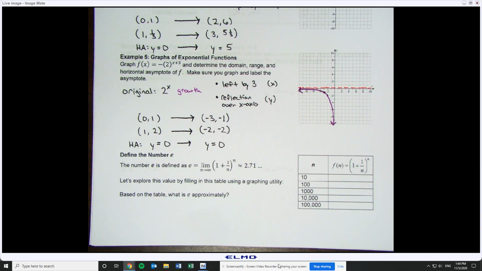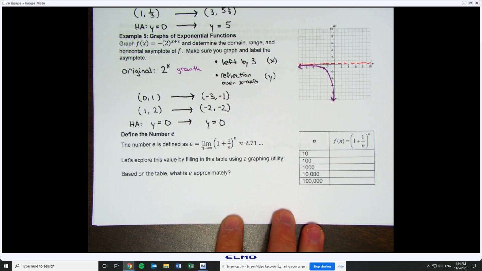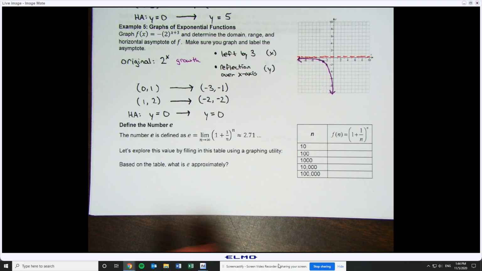Okay, now the last thing on this page we're going to do, it's kind of leaving all the transformation stuff behind, is we're going to talk about a number that's very special. Now, at this point in our math career, we should all be very familiar and very comfortable with the number pi. It's used as the Greek letter, and it's 3.14, blah, blah, blah. It goes on forever, never repeats. Well, there is another number, well, actually, there's a lot of numbers like that.